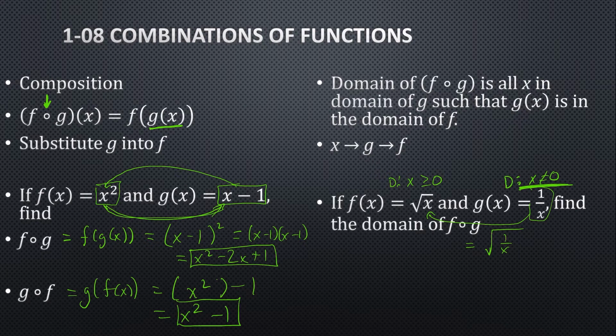And the things in the square root have to be positive, so we know the x has to be positive, but it can't be 0. So our domain of the composition is x is greater than 0, not equal to. The equal to 0 got lost because we can't divide by 0.